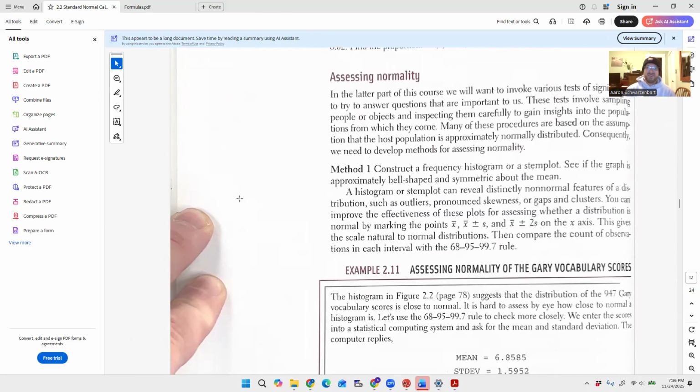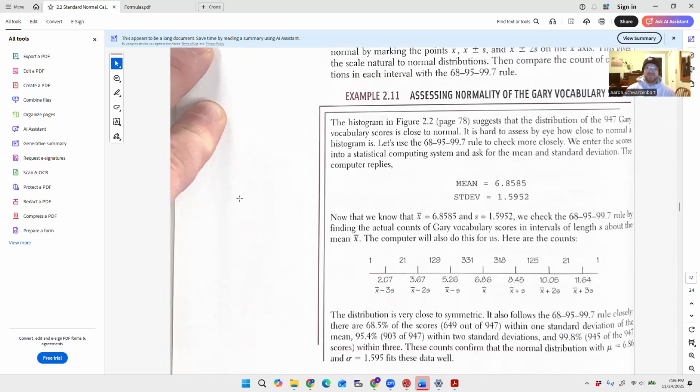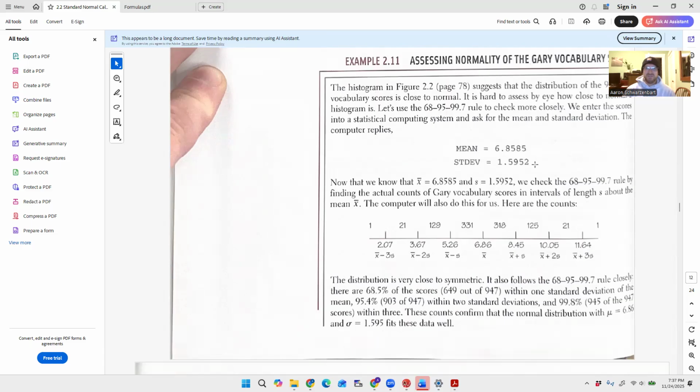Assessing normality. Method 1, construct a frequency histogram and see what fits where. The histogram in figure 2.2, page 78, of 947 Gary, Indiana vocabulary scores is close to normal. To assess it, we've effectively put these boundaries.